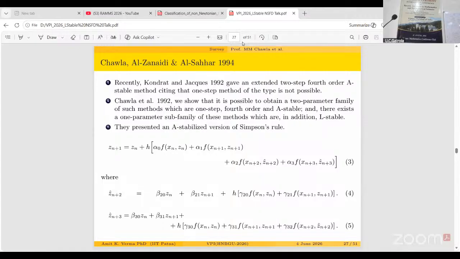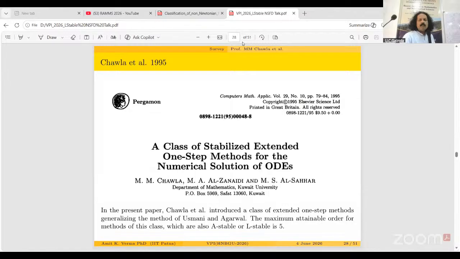So basically, in the previous one they had 3 indices, while in this assumption they have only 2, n plus 1 and n. This is a very crucial result, and they increased the order to 4th. Then in another paper, he said that by this process you can go up to a maximum of order 5. Beyond that, you cannot increase accuracy.